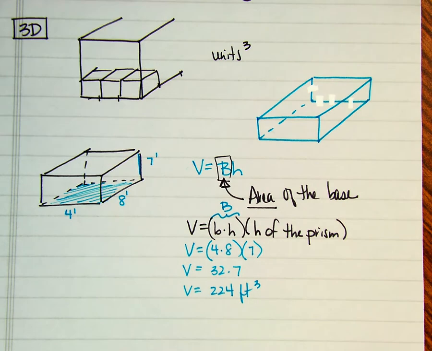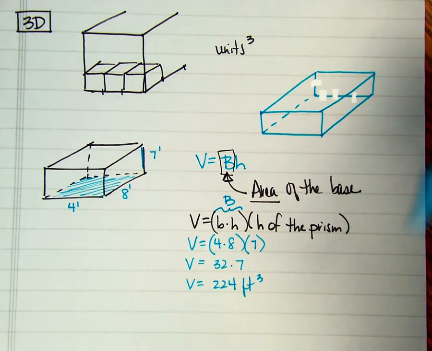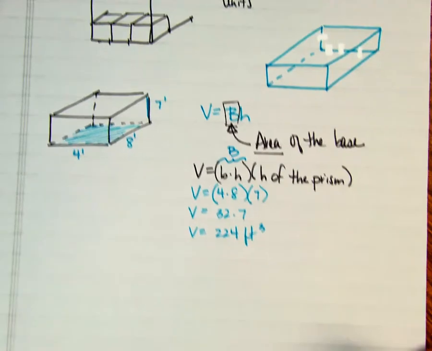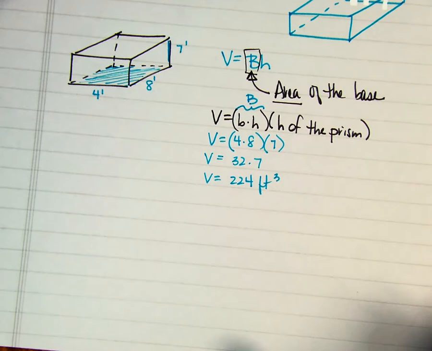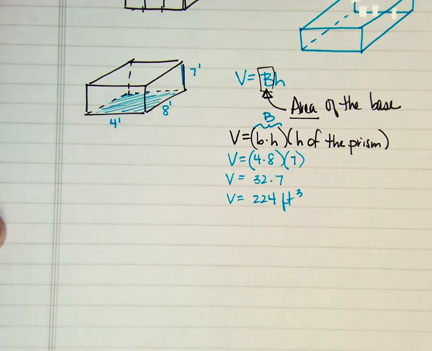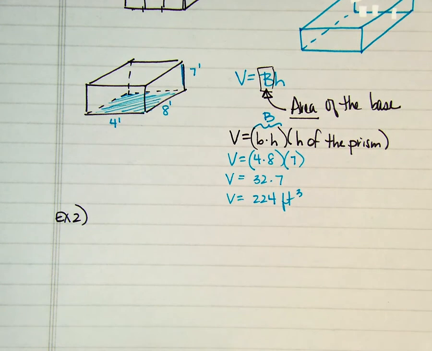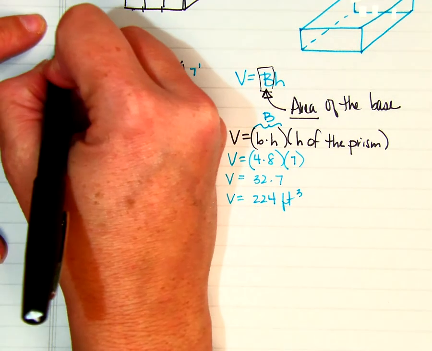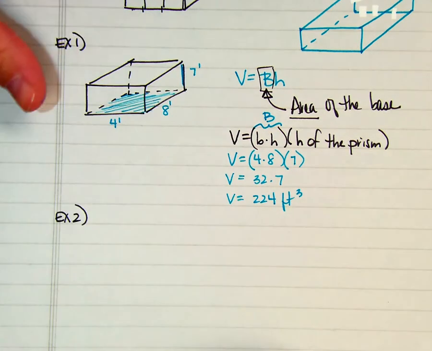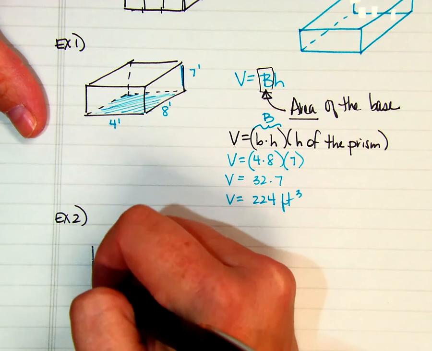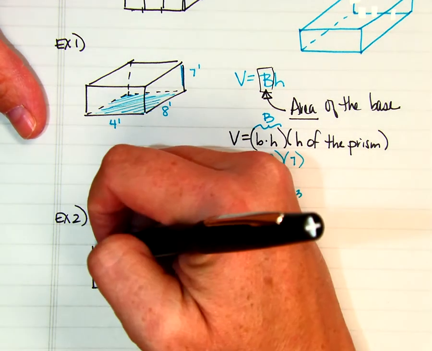Okay. Let's do another figure of a triangular prism. We're going to label this as example 2. I should have labeled the other one as example 1. So in example 2, we have a rectangular prism, or excuse me, a triangular prism.